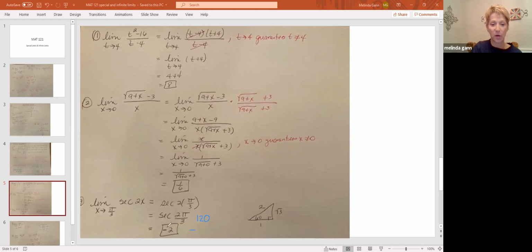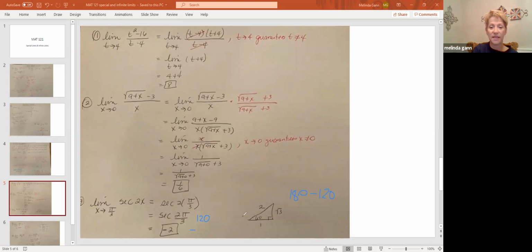So the first thing I would do is put my sign down. Then I'd go find my reference angle. So remember, in quadrant 2, your reference angle is 180 degrees minus your given angle. All right, so 180 minus 120 gave me this reference angle of 60. So that's where I got 60.